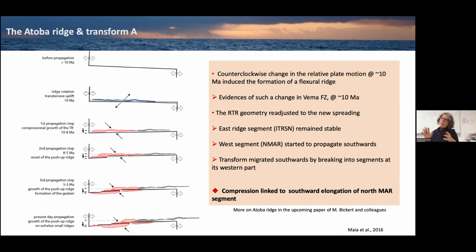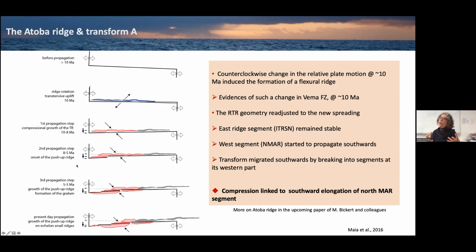But what is different from Vema is that we had a propagation of the northern ridge segment into the transform domain, and this induced actually the breakup and the shift of the transform boundary that tried to adapt to that mechanism, and this created the small offsets and the small restraining bends along this fault.